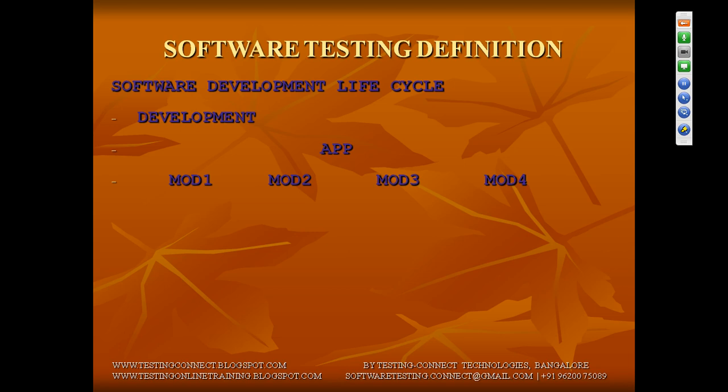Depending on how many developers are working on the application, they get assigned to each module. Module 1 may have 10 resources, module 2 5 resources, module 3 7 developers, module 4 3 developers. It depends on the complexity of the module.